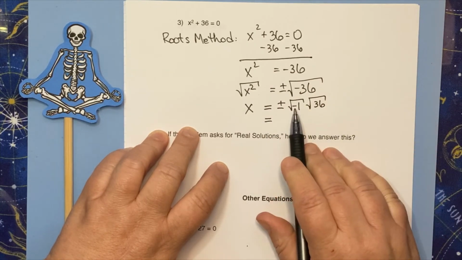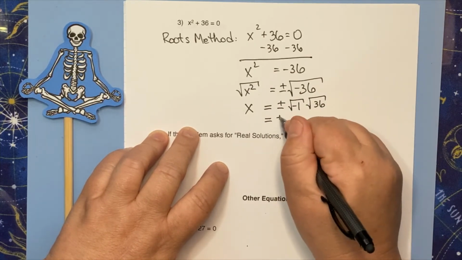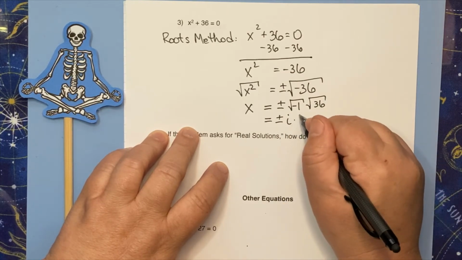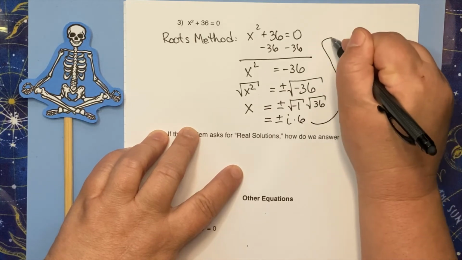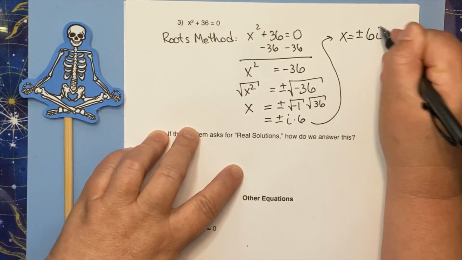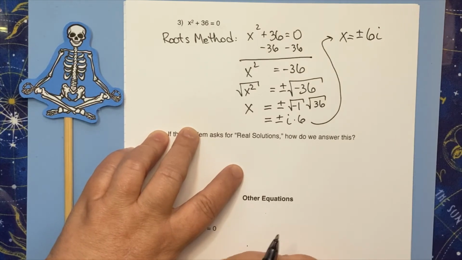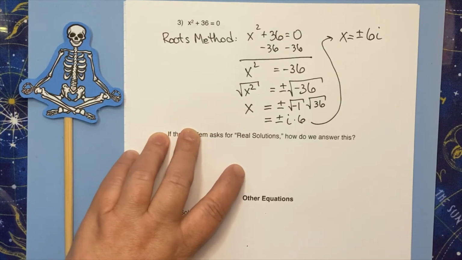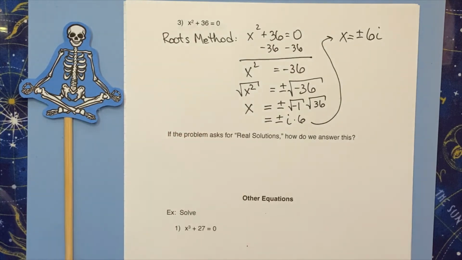And so the -1 inside a square root is what gives us that i. And the square root of 36 is just 6. So our answers are x equals plus or minus 6i, which refers to the fact that we had the square root of a negative. That's all it's going to be telling us.